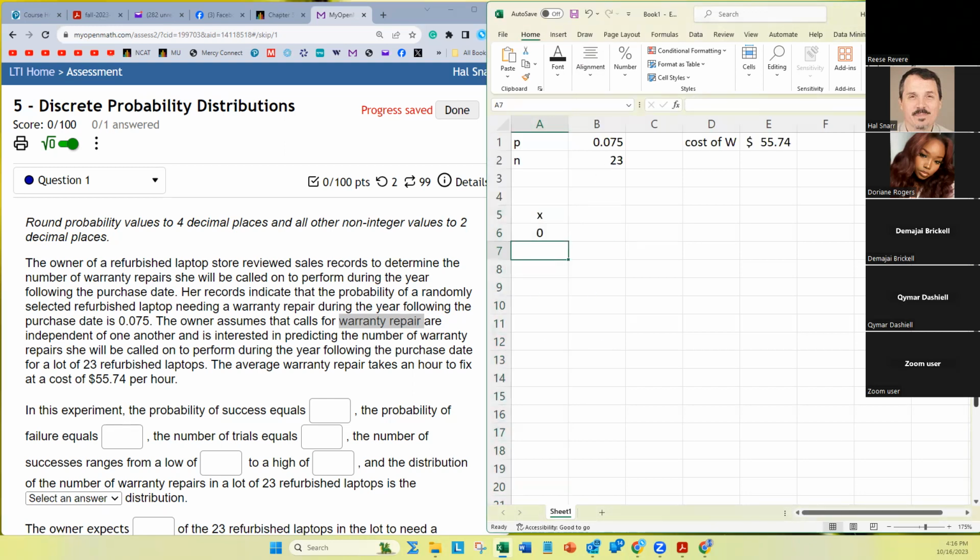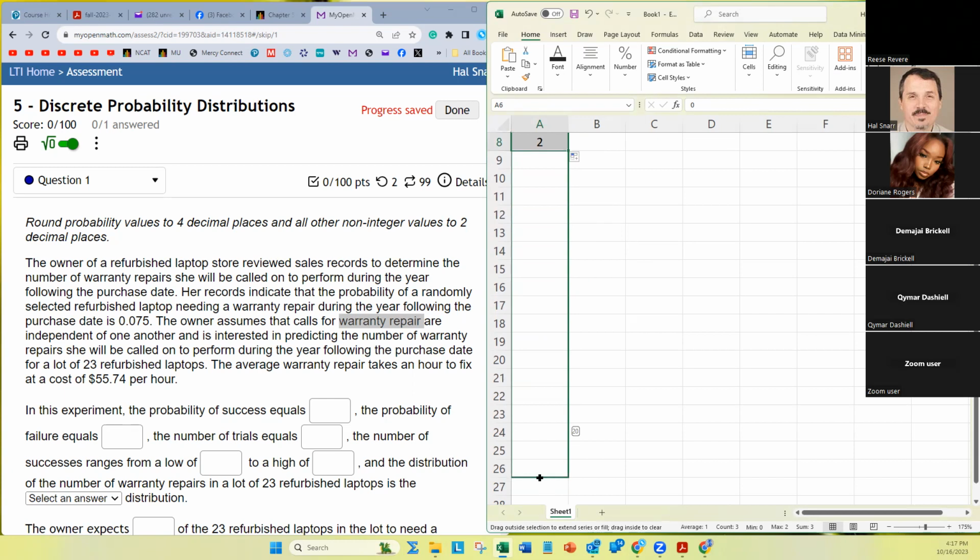Is it possible that one of them is warranted? Yeah, that's possible, right? Is it possible that two of them are warranted? Yeah, right. How about 24 of them? Whoops, I got to 24 first.